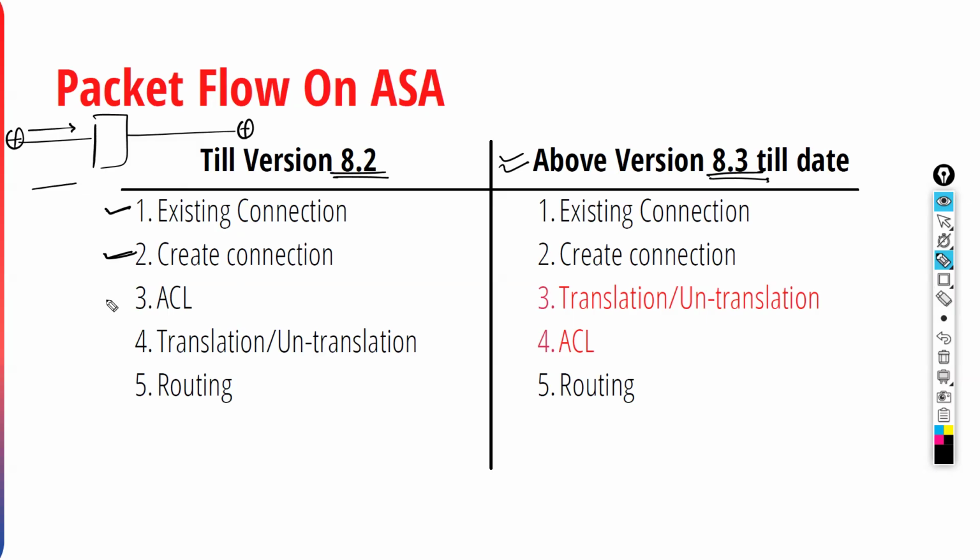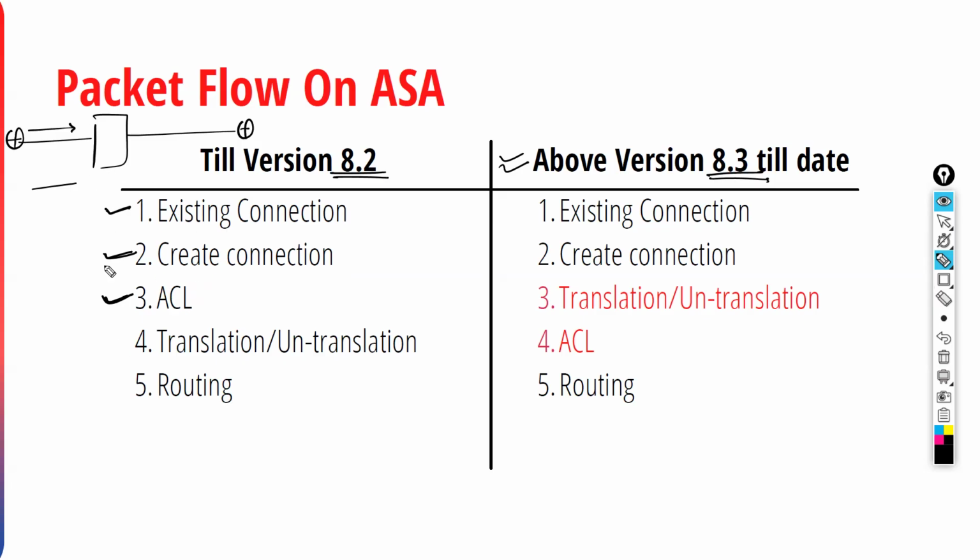Then after, ASA will check, is this traffic filtered or not? Is there any ACL that is allowing or blocking this traffic? If there is, then ASA is going to take the action.